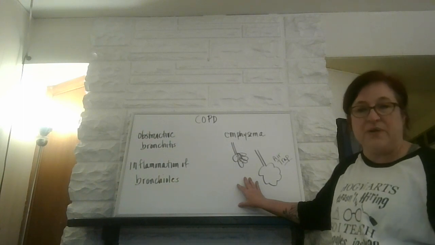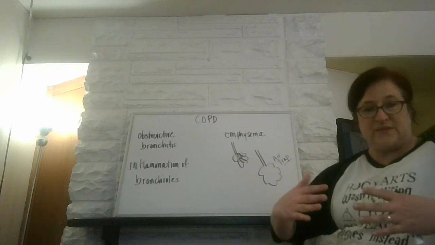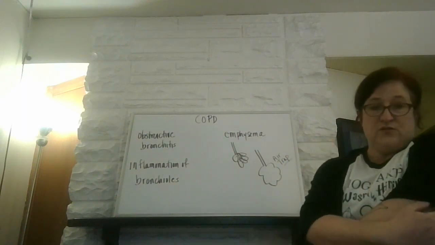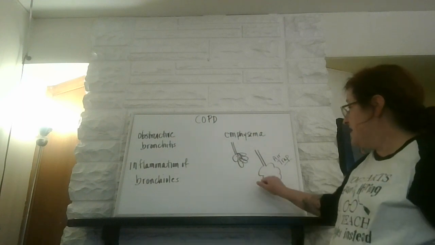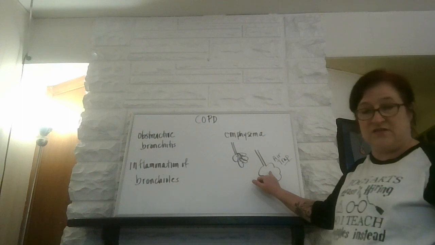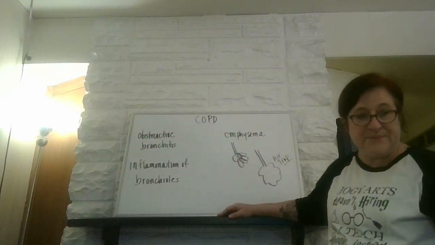And so, because there's excessive air trapping in these alveoli, the person gets a barrel chest. Their work of breathing is increased, and so they lose weight. This decreased ability to exchange gas, there's more air trapping and less air movement, so their lung sounds are decreased.